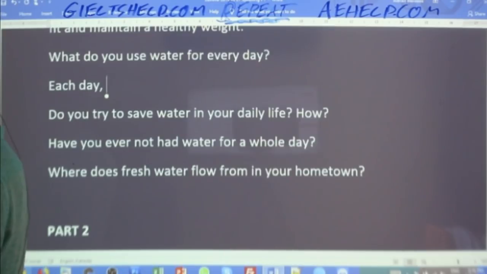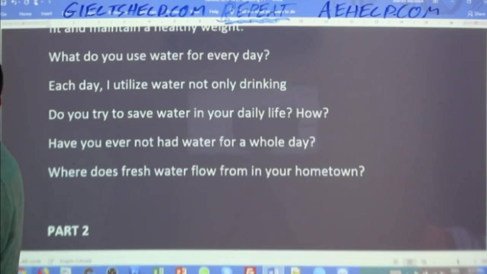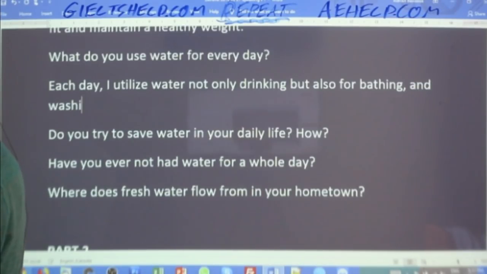So each day I utilize water for not only drinking, but also for bathing and washing my hands, as well as cleaning.